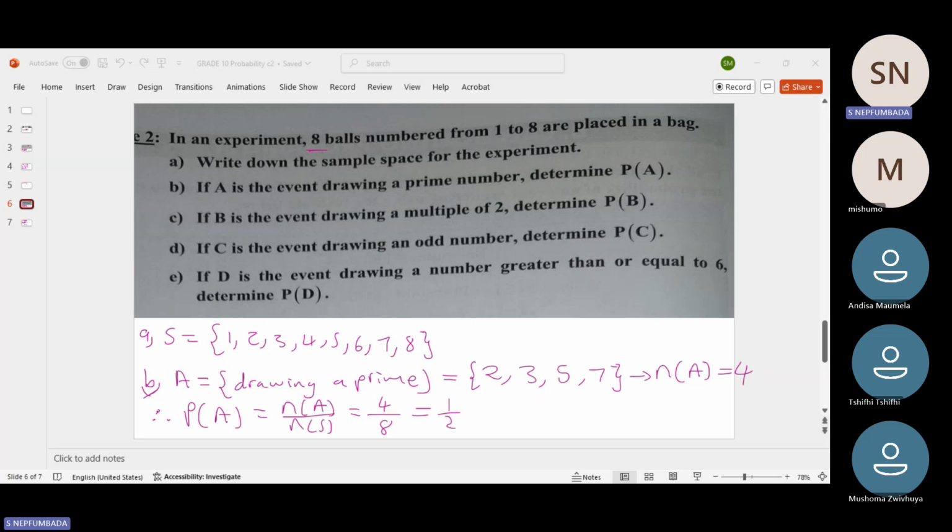Let's discuss that. What do you understand by prime number?